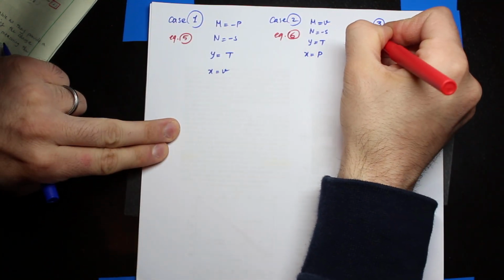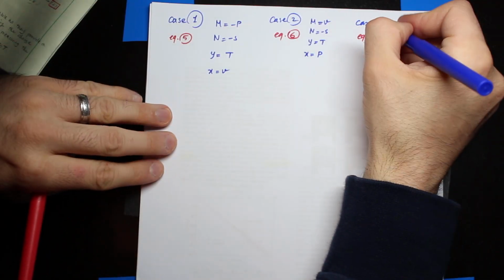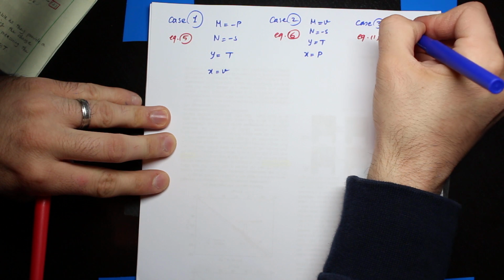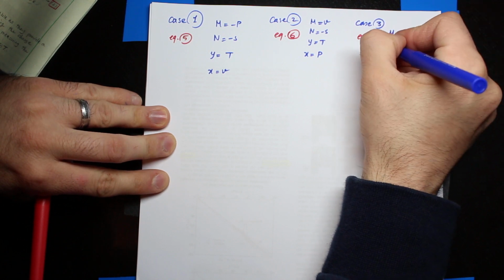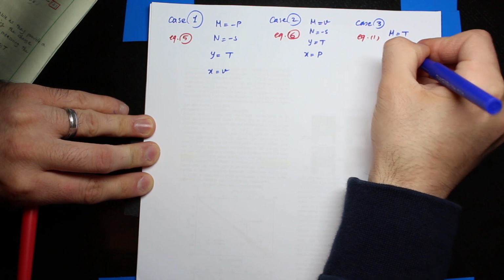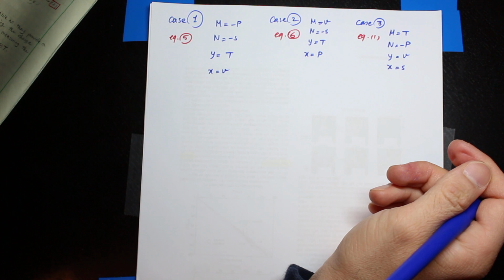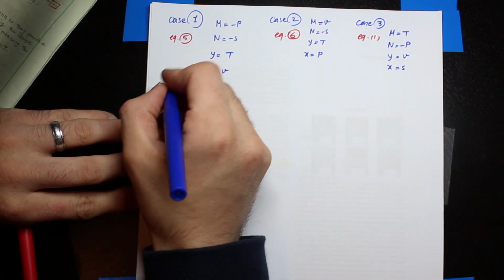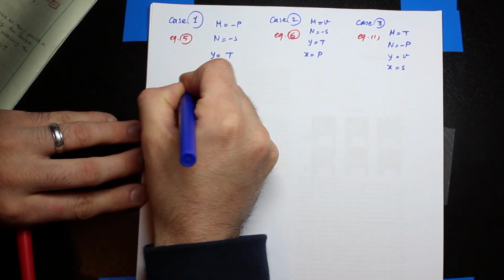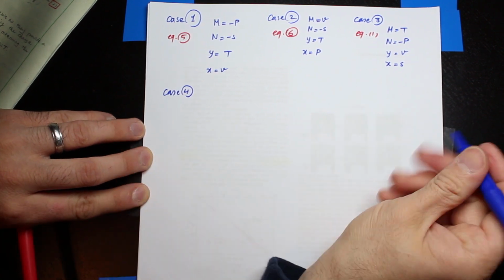So let's say if I do that in equation number 1, then I will get M equal to T, N equal to negative P, Y equal to V, and X equal to S. And finally, my case 4 will be obtained if I apply that general equation into equation number 2.